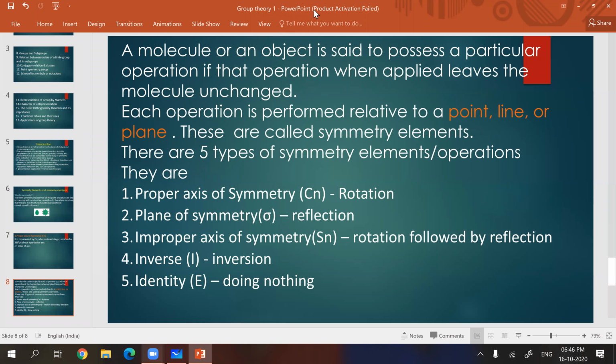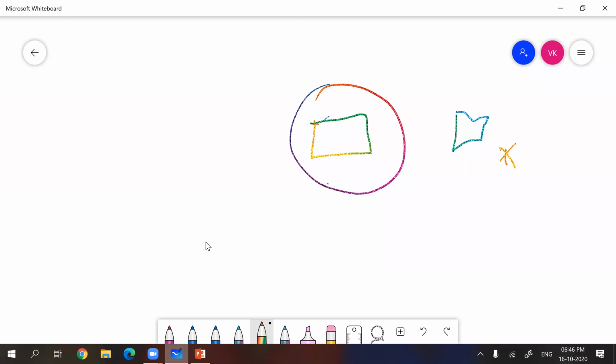So what are symmetry elements and symmetry operations that we are discussing now? A molecule or an object is said to possess a particular symmetry operation if that operation, when you apply it, leaves the molecule unchanged. For example, if there is a molecule AB, when I apply a symmetry operation, it should give AB again. If ABA, then it has to give ABA only.